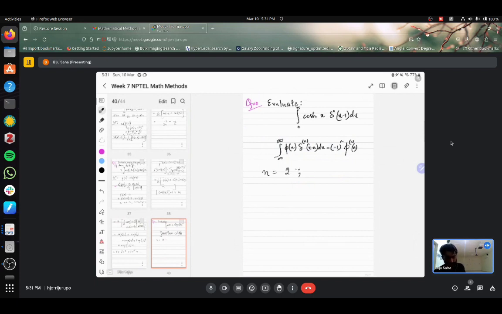Your n is 2, and your φ(x) is cos hyperbolic x, and your a is 1. This is just what you get by comparing. So basically the integration is this part: minus 1 to the power 2, then you have to take twice the derivative of cos hyperbolic x, and evaluate it at x equal to a, that is x equal to 1.